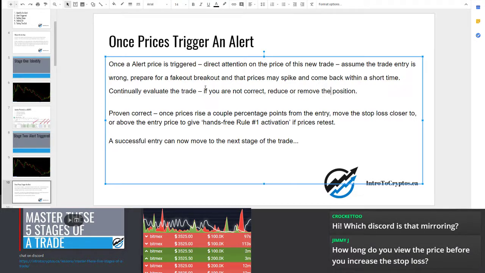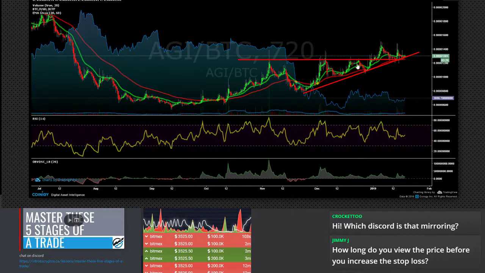How long do you view the price before you increase the stop loss? It's fluid as the market goes. Each one is a little bit different, how you use your stop loss.